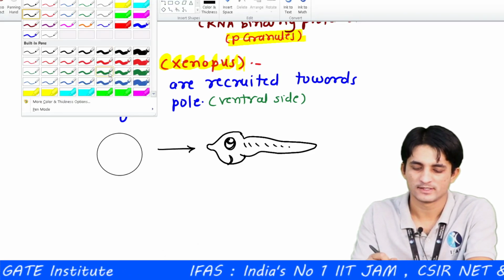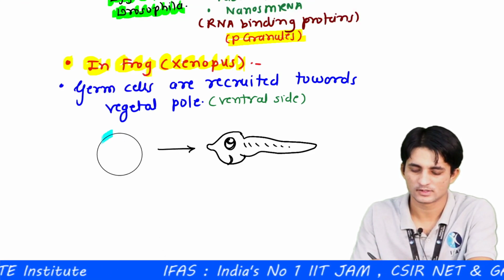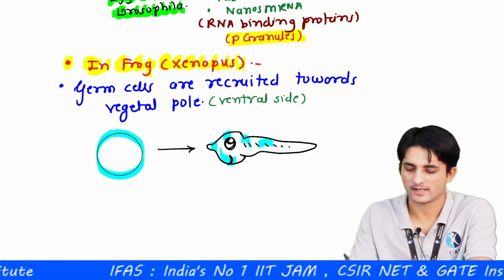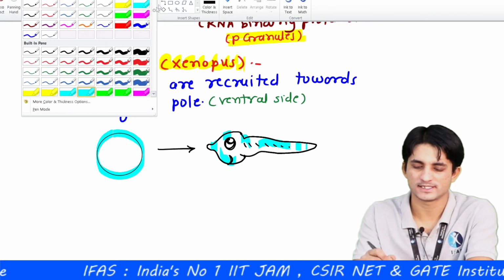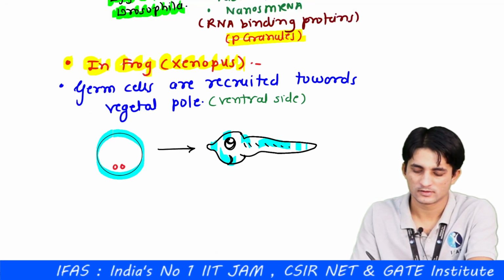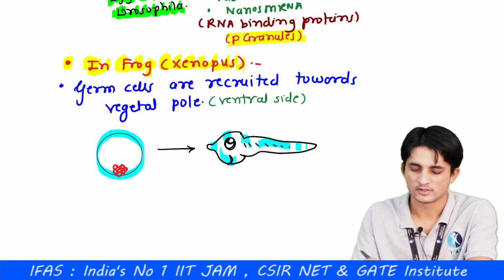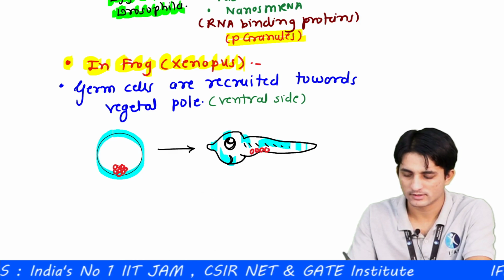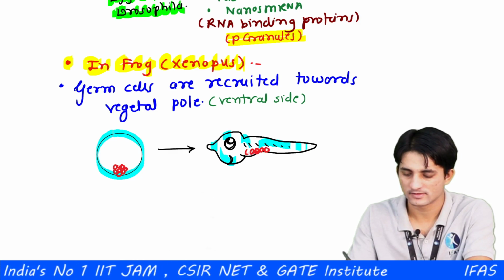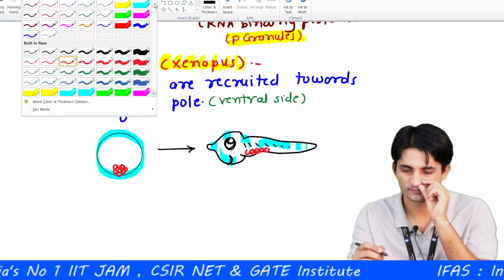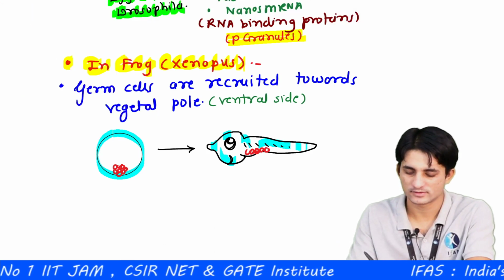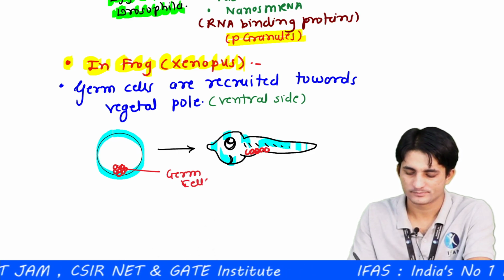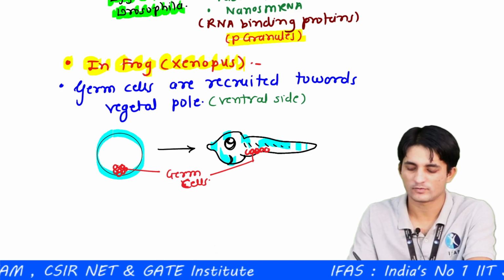So the germ cells are present in the vegetal pole. So here the germ cells are present. Now in the tadpole, they are present on this side, towards the vegetal pole, ventral side. So these are the germ cells which are present in the frog.